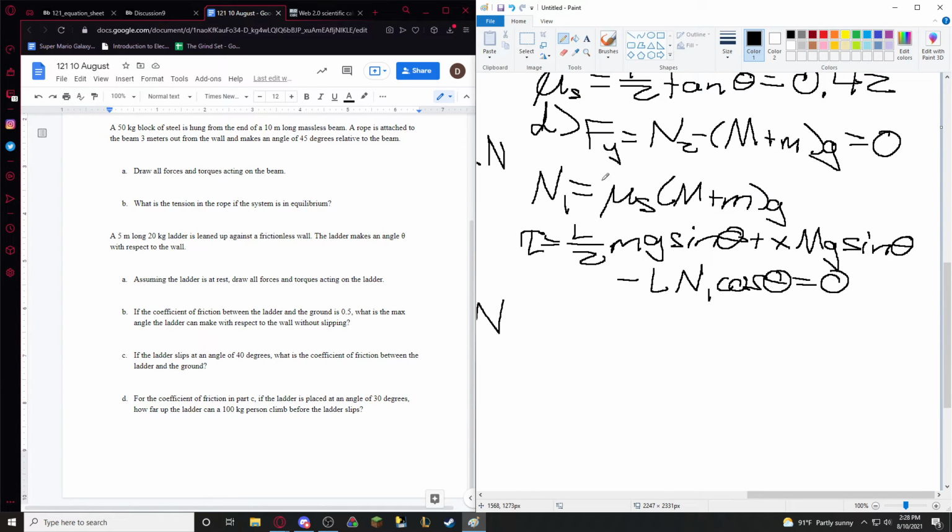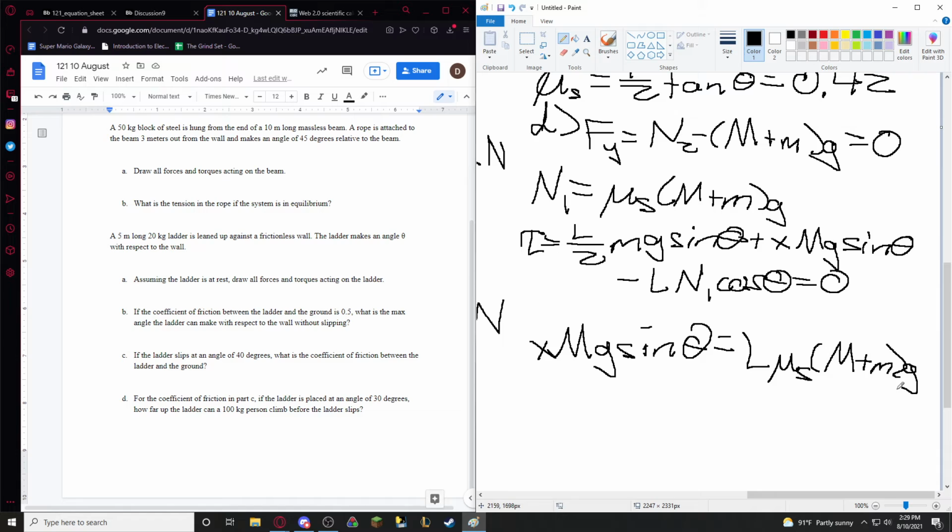And then we plug in n1. So we have x big M g sine theta is equal to, I'm going to move the L n1 cosine theta and L over 2 mg sine theta over to the opposite side. Is equal to L mu s (M plus m) g cosine theta minus L over 2 mg sine theta.